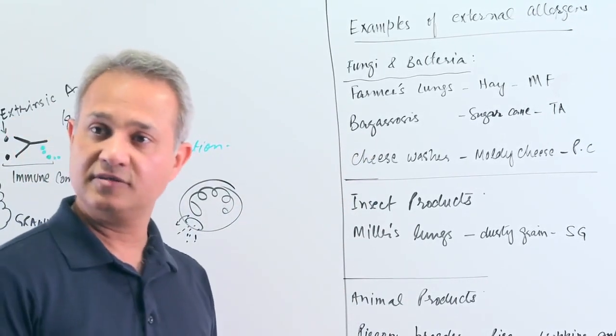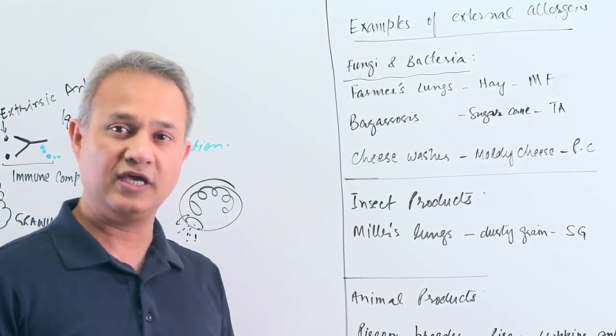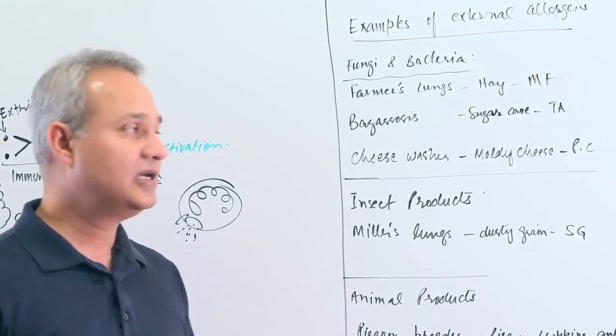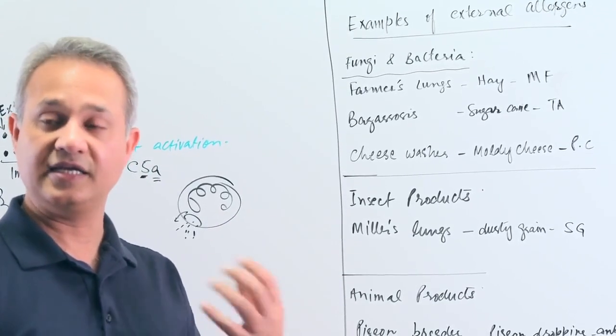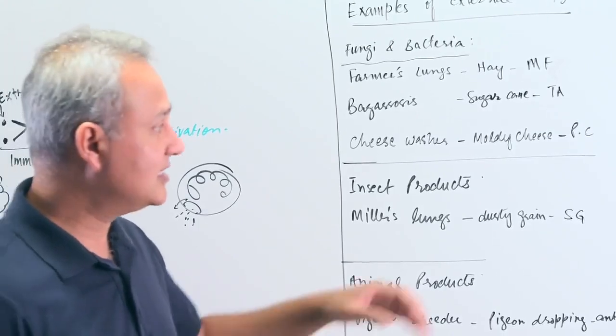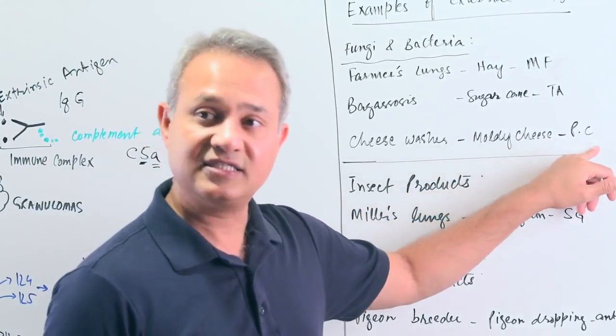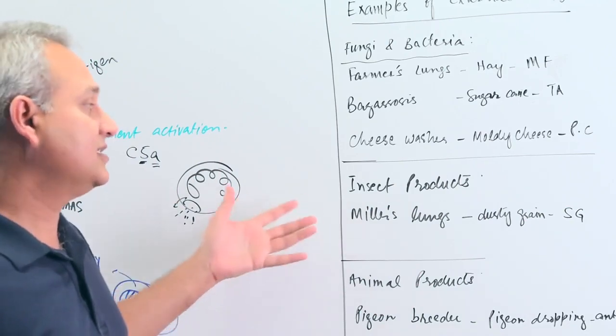Cheese washer's lung. In that case, the cheese has to be moldy. When that is inhaled, that inhaled cheese has the antigen, which is the Penicillium casei. Then if you continue, Miller's lung, that is an insect product.